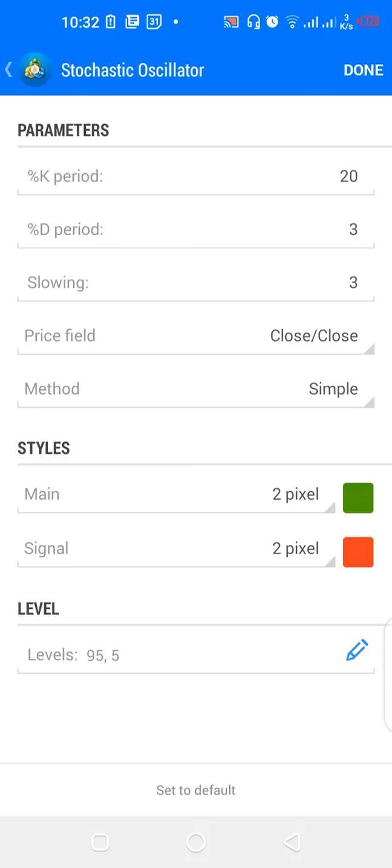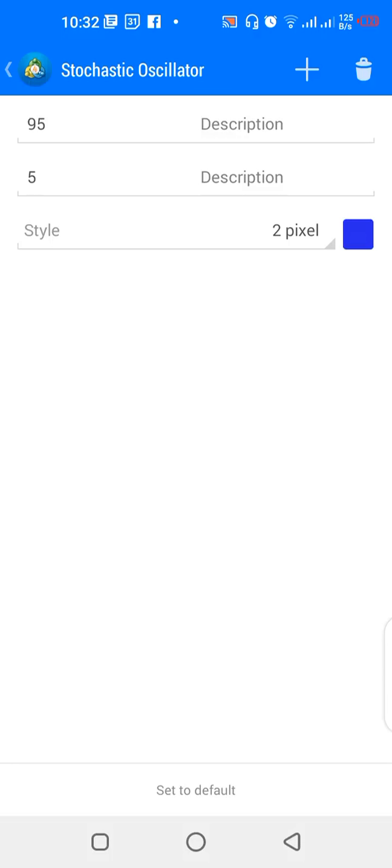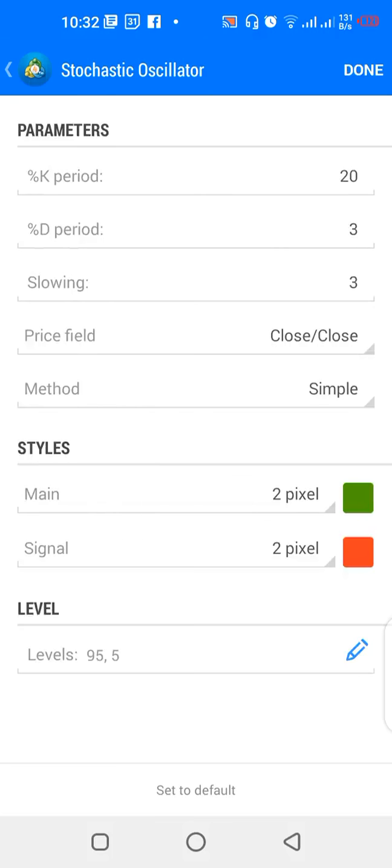The main line color is green, the signal line color is red, and the levels are 95 and 5, color is blue.